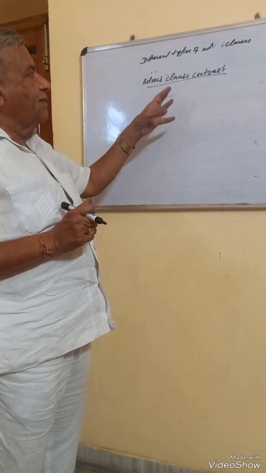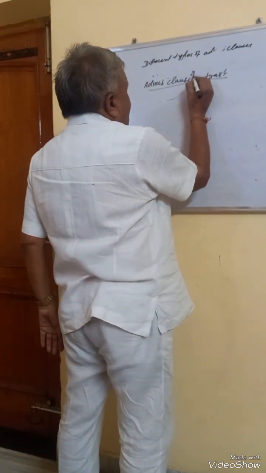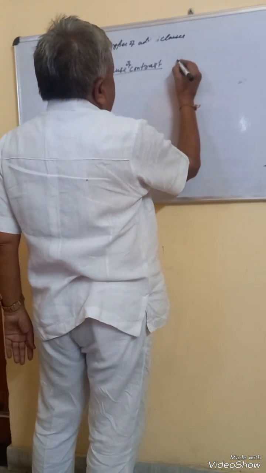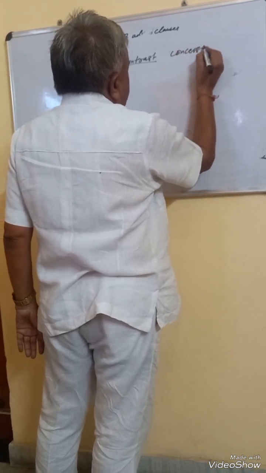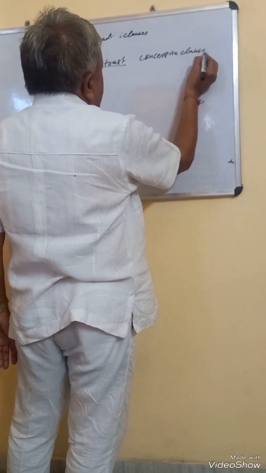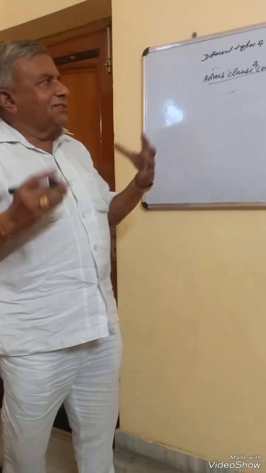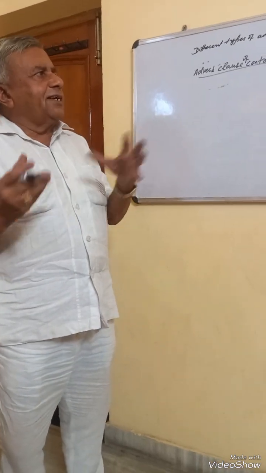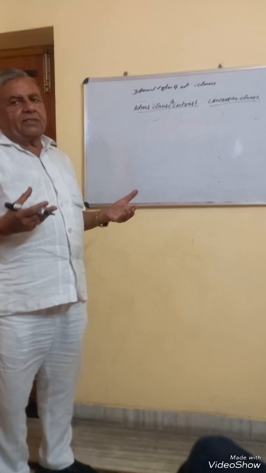This type of adverb clause is called adverb clause of contrast, or it is also called a concessive clause. Concessive clause means we concede one thing, but the result is quite contrary to our acceptance of the thing.